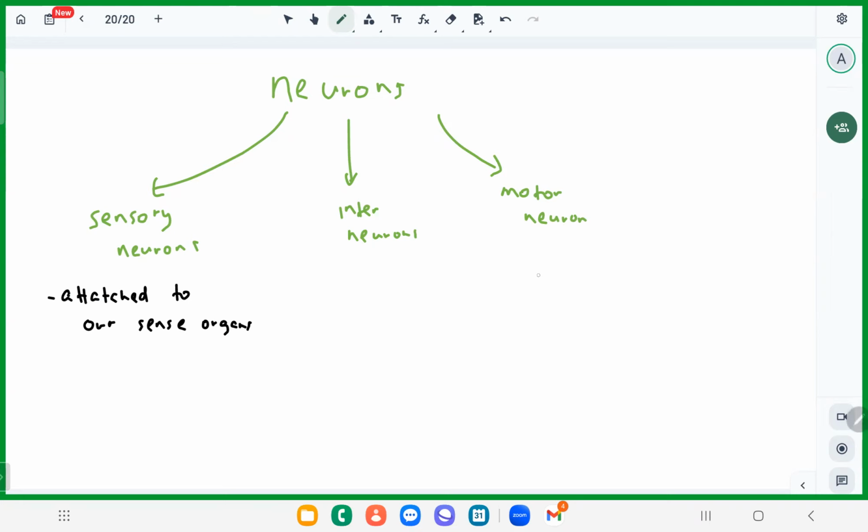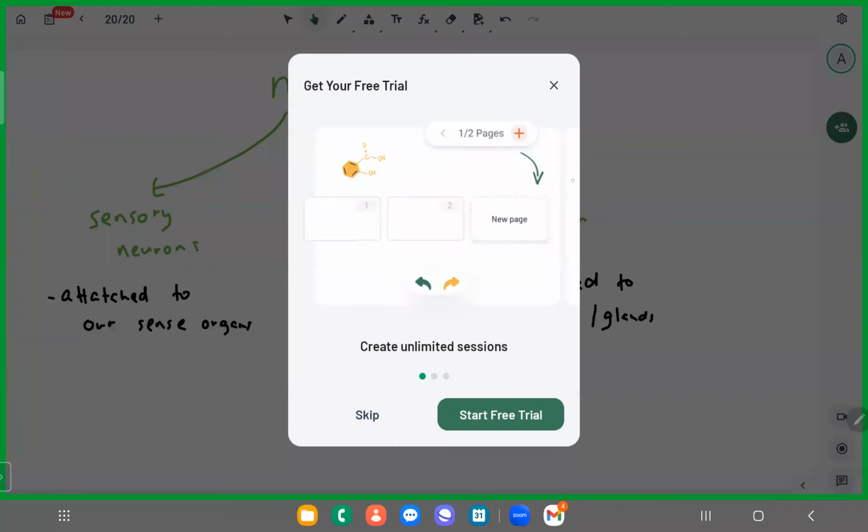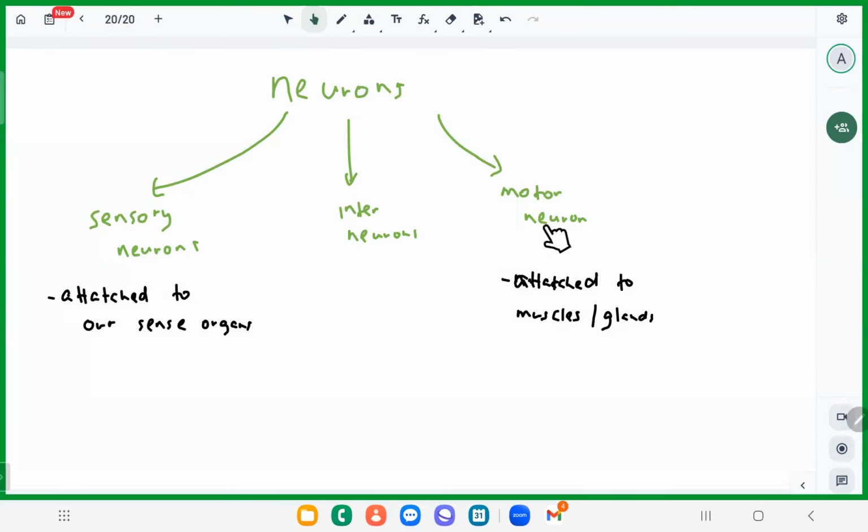And then let's jump on to the motor neurons. The motor neurons are the neurons that are attached to muscles or glands. So motor neurons are the neurons that actually bring about a movement or a motor effect. So that's how the name motor neurons comes about, right?